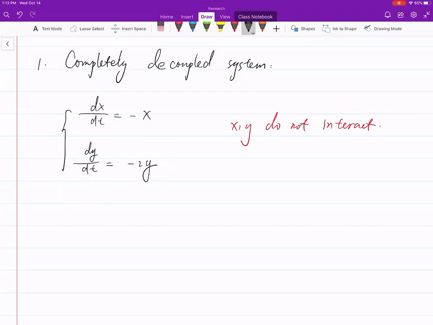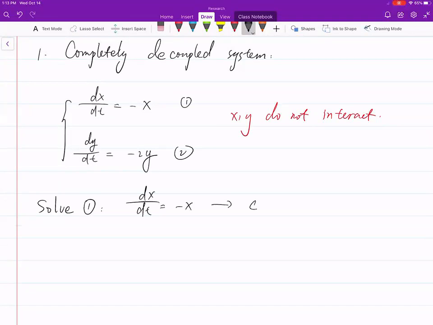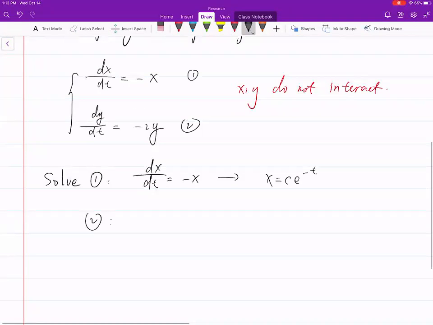A similar thing works for the second one. So solve one, which has nothing to do with y. Solve two, which has nothing to do with x.